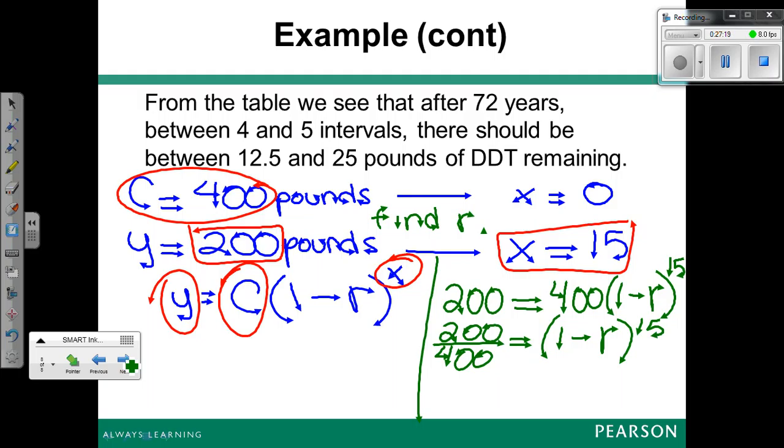We're going to get 1/2, or 0.5. Okay. Good.